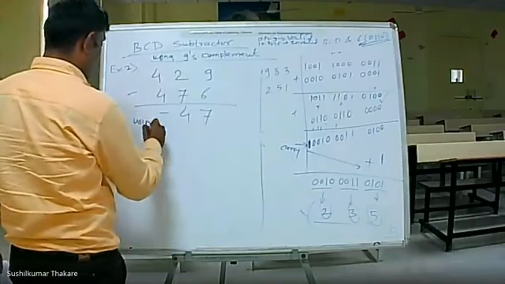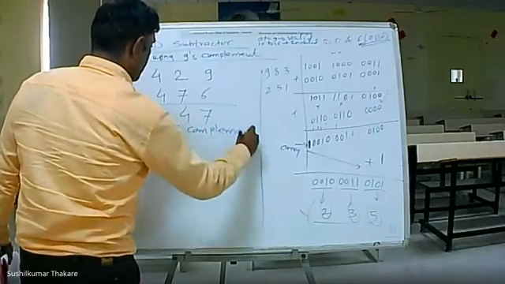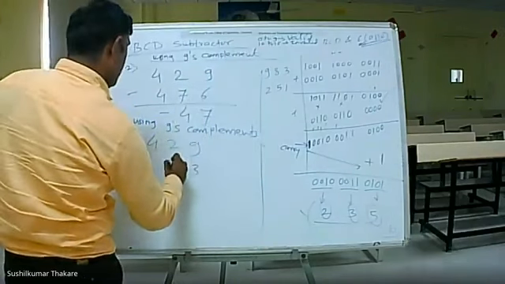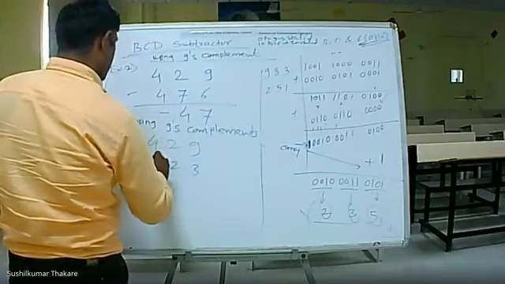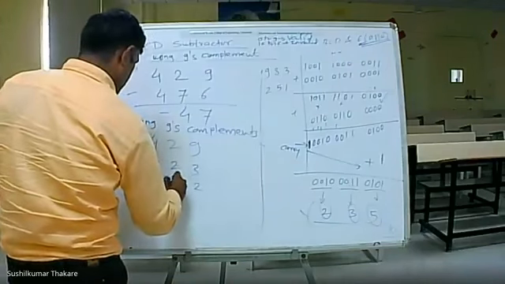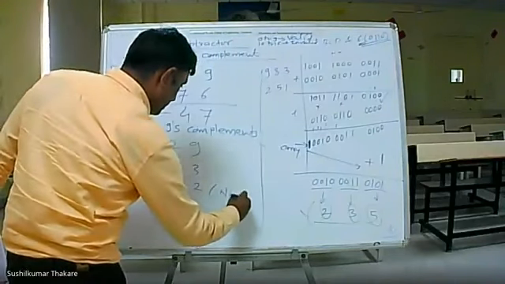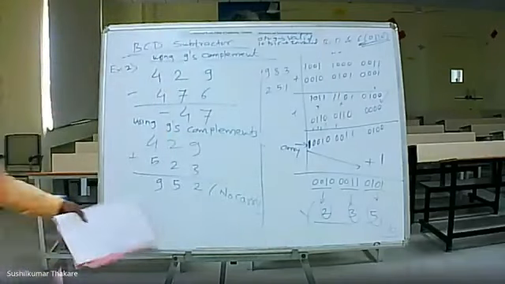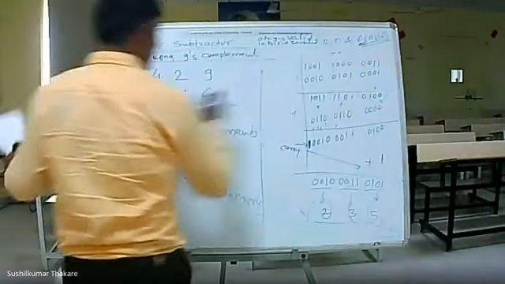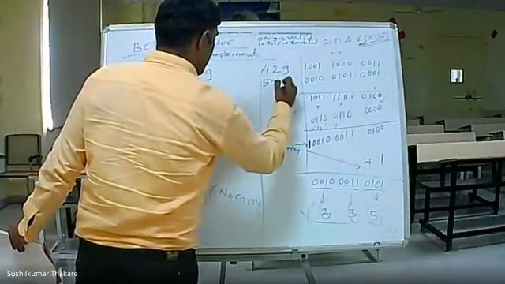What is the 9's complement of 476? It is 523. So 429 plus 523 gives 952, no carry. In this example, there is no carry. So write down 429 and 523.